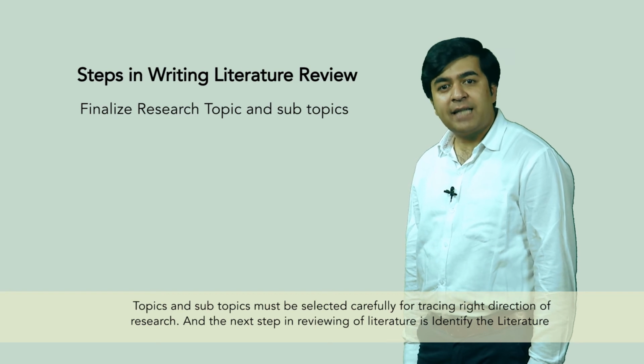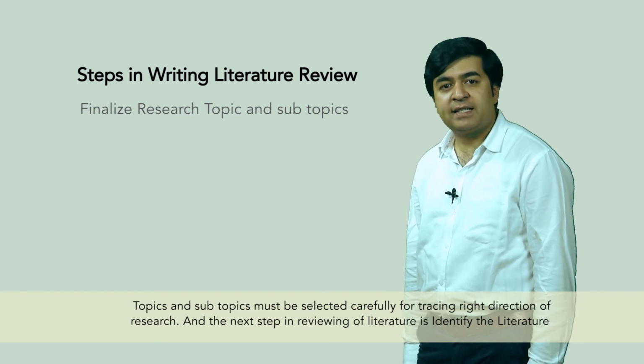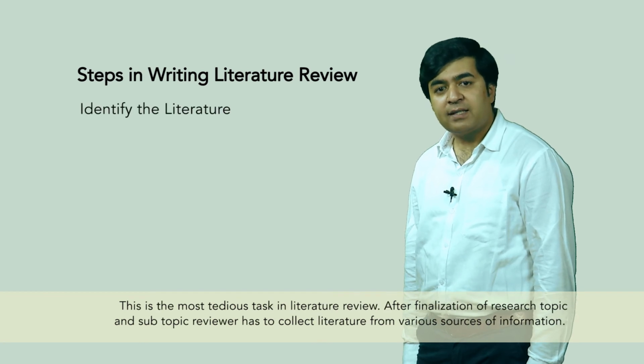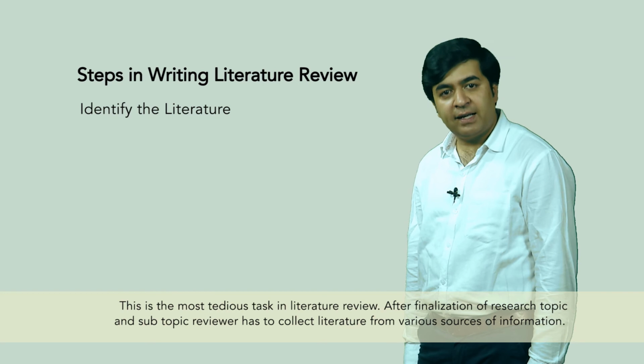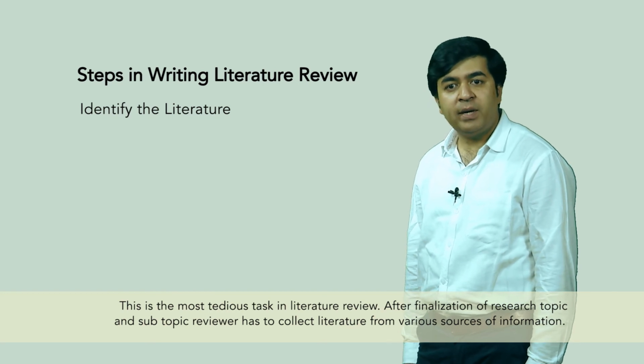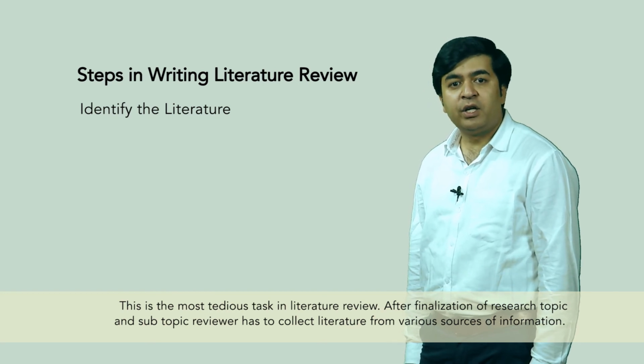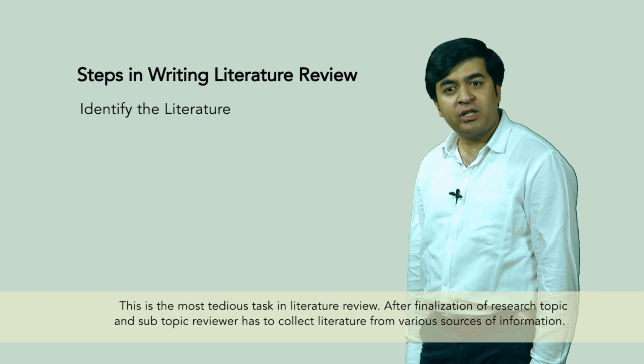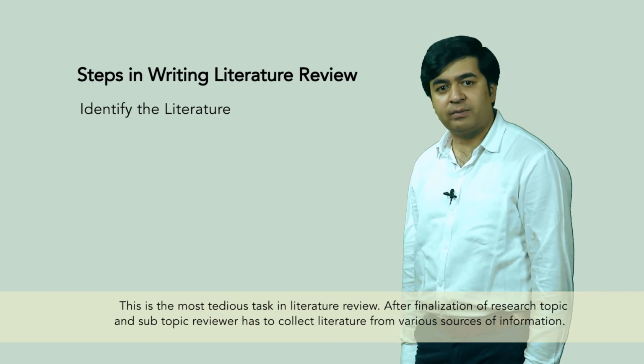And the next step in reviewing literature is to identify the literature. This is the most tedious task in literature review. After finalization of the research topic and subtopic, the reviewer has to collect literature from various sources of information.